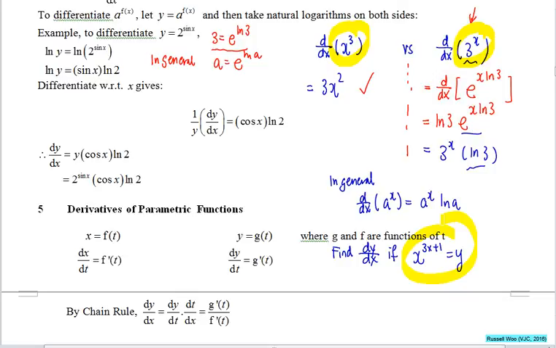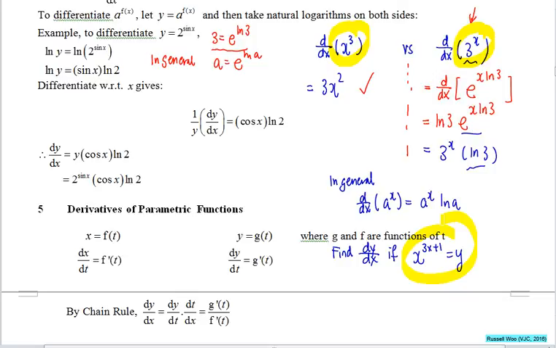You choose either one, also wrong. Any idea? Very good, log on both sides. Excellent. Take log on both sides, do implicit differentiation. Once you take log on both sides, you can do implicit differentiation. Just write down. I'm not going to solve it for you. The answer is not important actually. The technique is important.